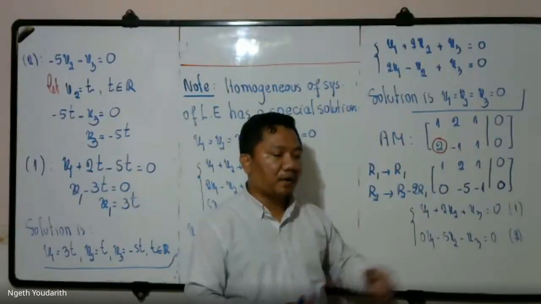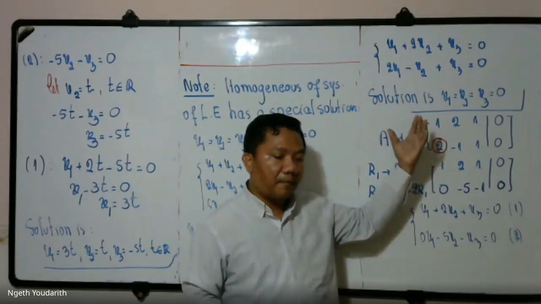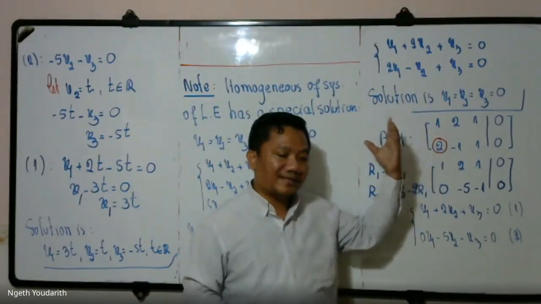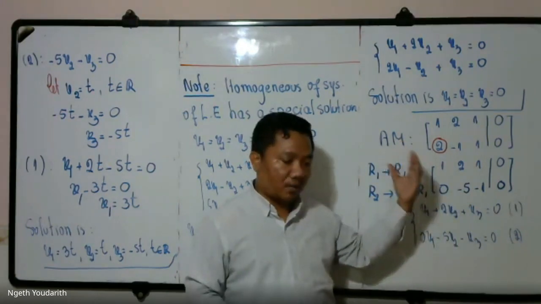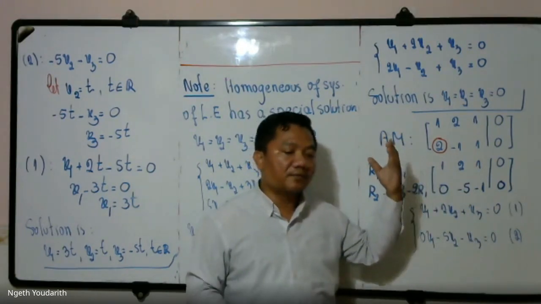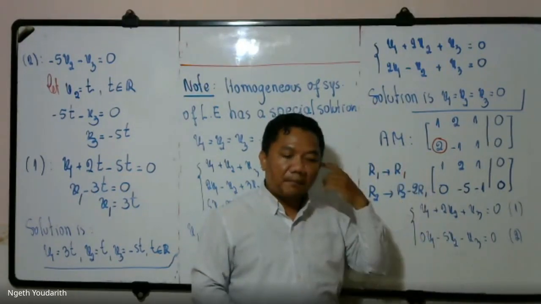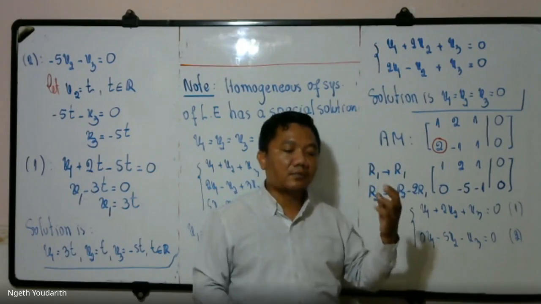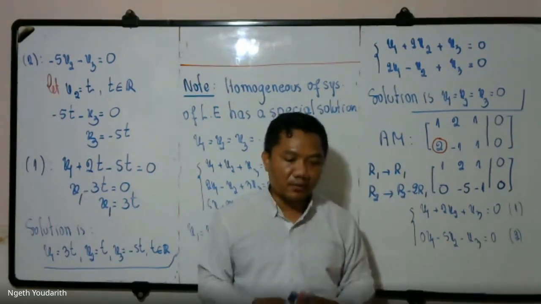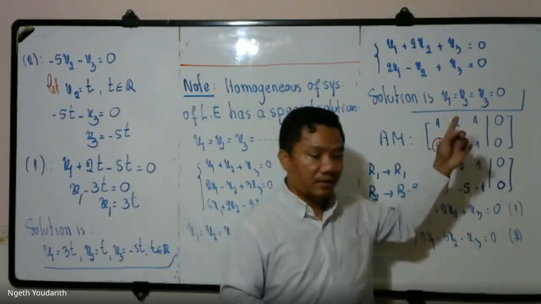But please remember, a homogeneous system of equations has the special root 0 first. Sometimes it has only 0, sometimes it has infinitely many solutions. It means that a homogeneous system has at least one solution, you know? So this is the solution set of our equation.